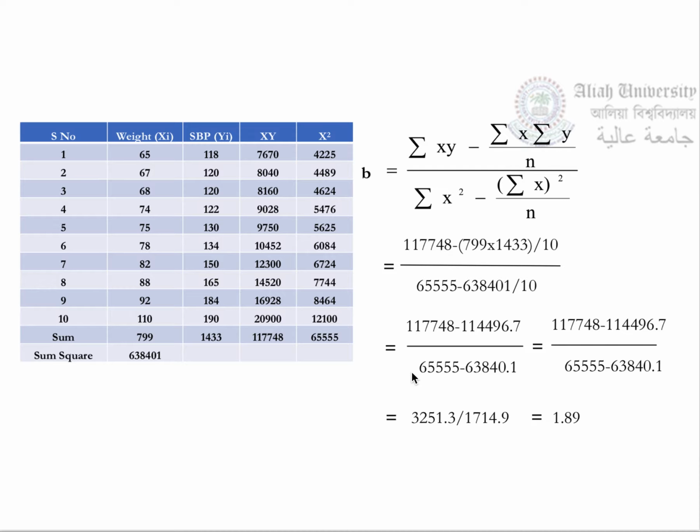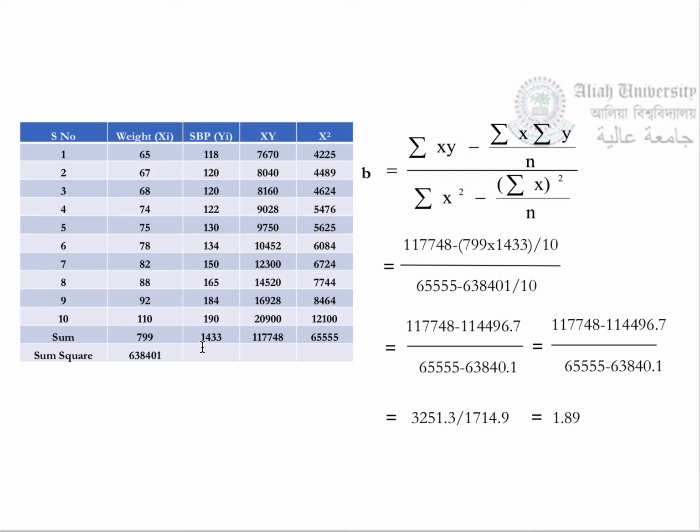So we take the same example from the previous slide, that is weight versus systolic blood pressure. So we have their calculations, the different observations of x, the different observations of y. We get their sums, so this 799 becomes the summation of x.